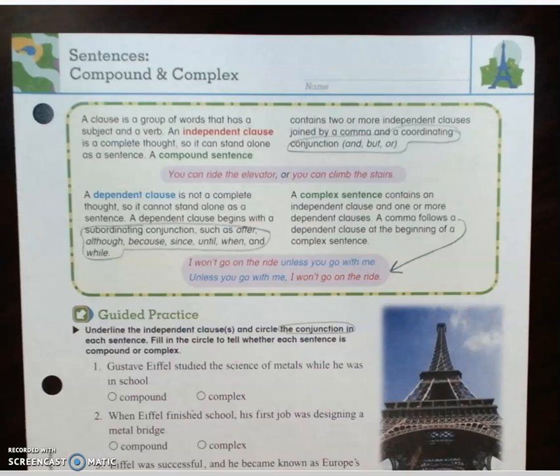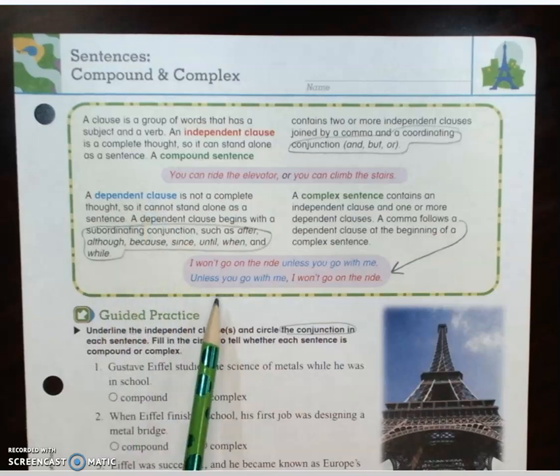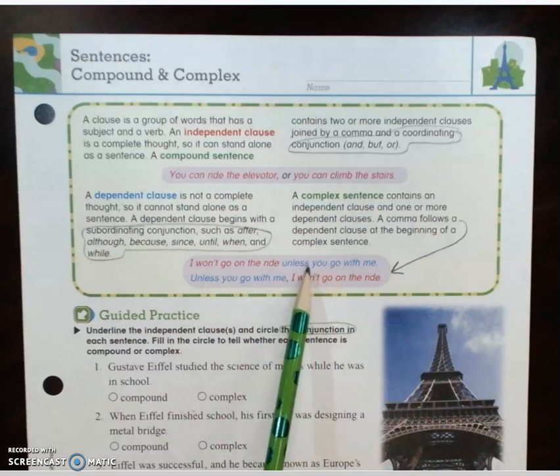So, for example, let's look at this right here. Unless you go with me. That's a great example of a dependent clause. It begins with unless.